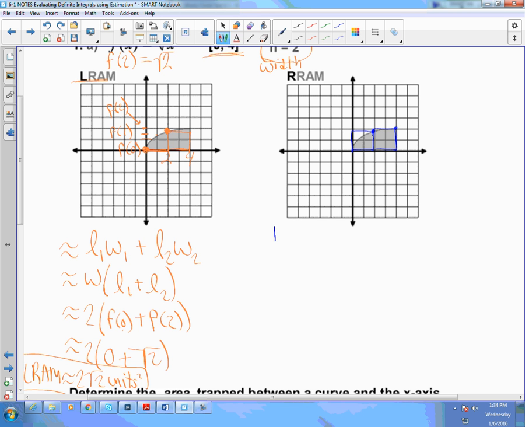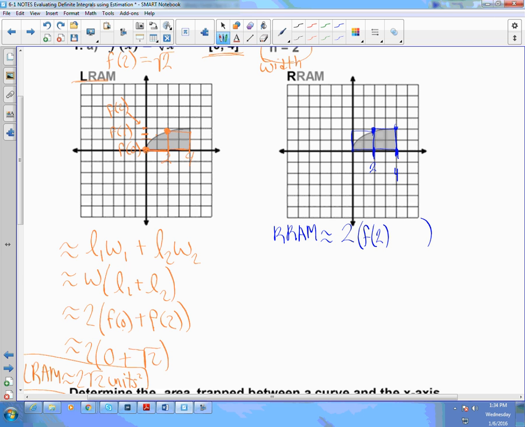Okay, so RRAM, again, we can factor out the common width of those 2. And then we just have to add up the right endpoints. So what can I call this right endpoint? In function notation, f of 2. This one's f of 4.